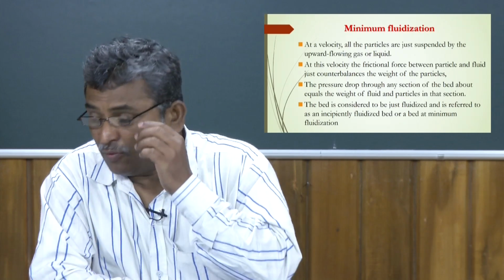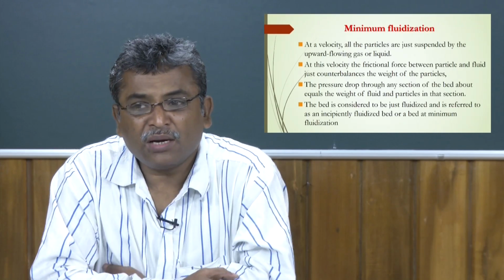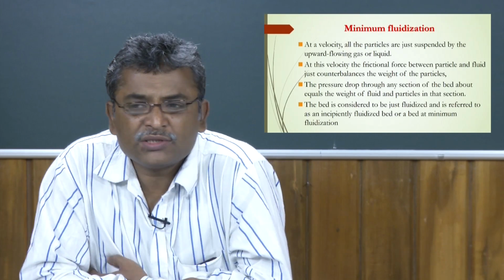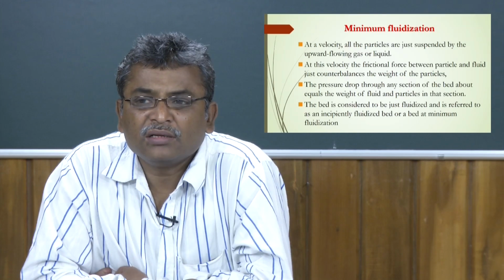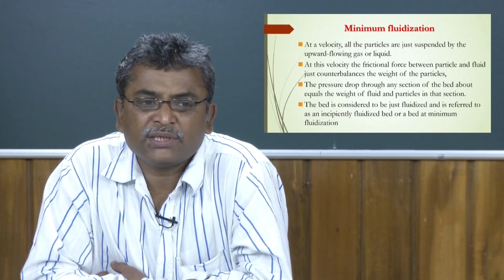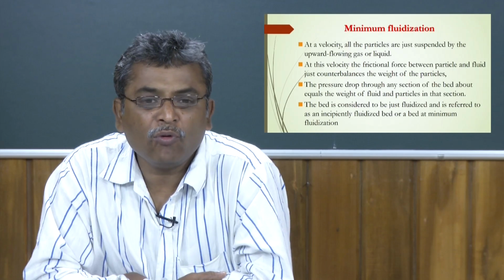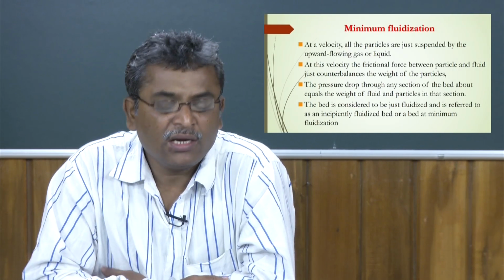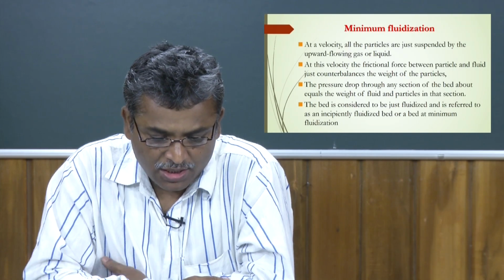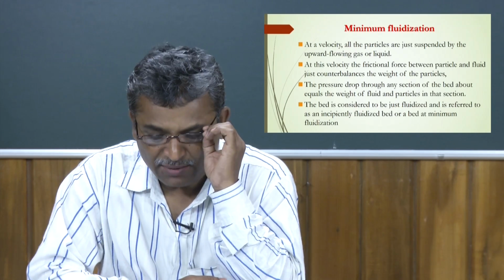Now, of course, balancing the terminal velocity, that means the net force acting downward, you have to balance that net force to get the minimum fluidization. Now, what is that minimum fluidization?